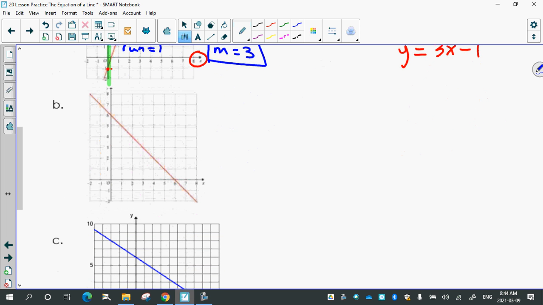Same 3 things. We're going to find the slope, the y-intercept, and the equation. So, do you guys agree it's a negative slope? So my rise is going to be negative. So if I was writing this out, I'd be like m equals rise over run, but I want to remember that my rise is negative, so I put the negative sign there.